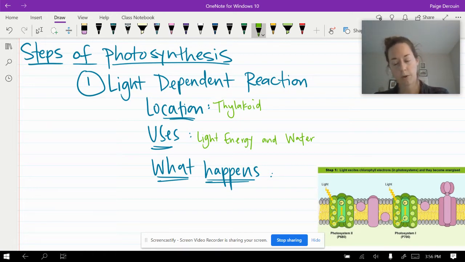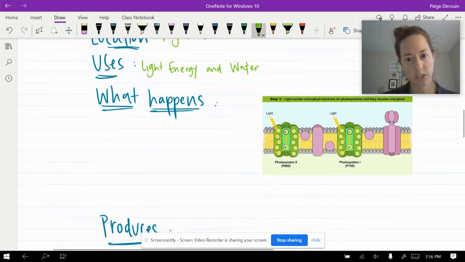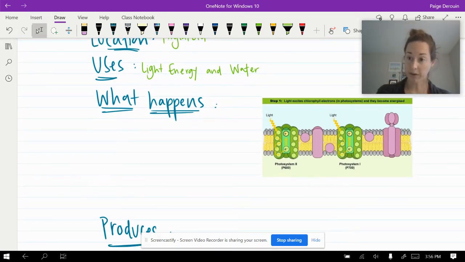All right. So what actually happens in the light reactions? We're going to talk about this in terms of some biochemistry and some atoms and molecules and electrons.